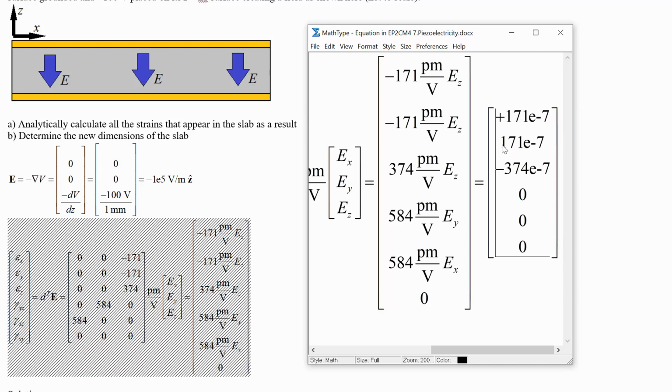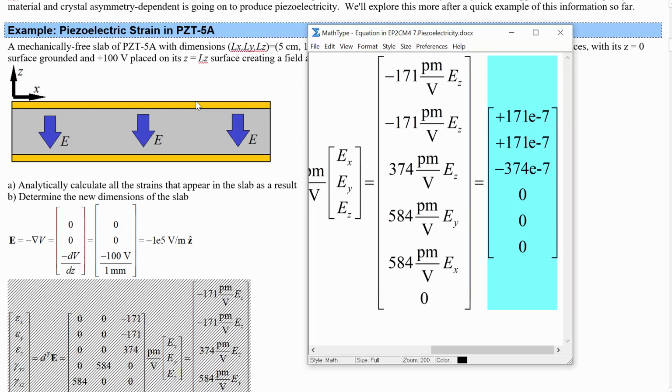All right, so that is the set of strains. Strain is unitless, so that checks out. That's the strains that get created in this slab of PZT as a result of this voltage that's there. So just by applying 100 volts on the top versus 0 on the bottom, we put on this voltage. This is a stiff material. It's not like a Coulomb attraction here or something that's causing the plates to move together.